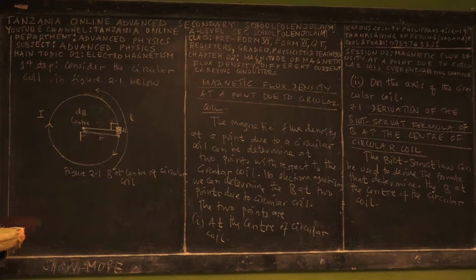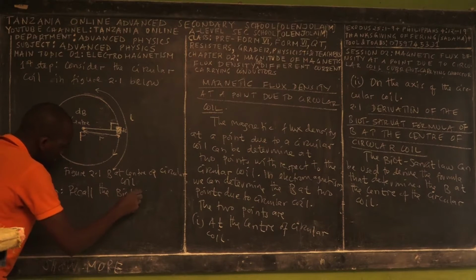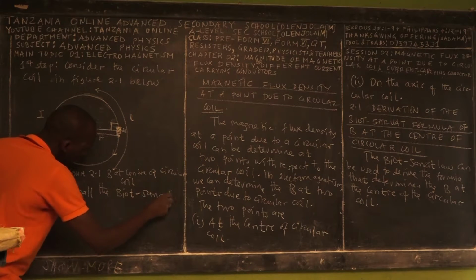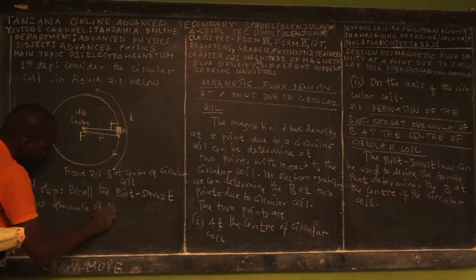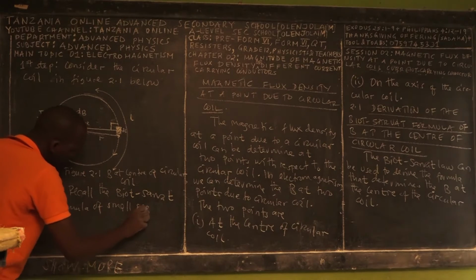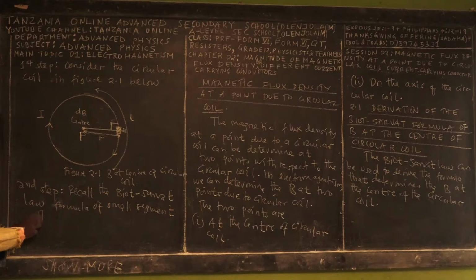Then we come to the second stage, the Biot-Savart law of a small segment of a conductor.